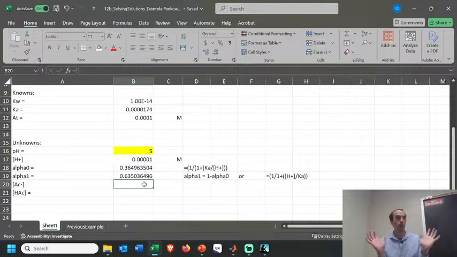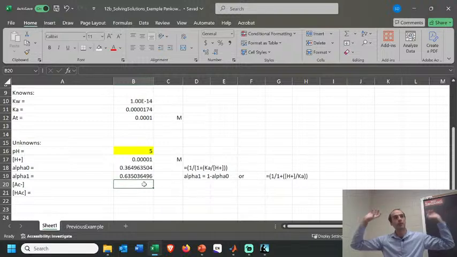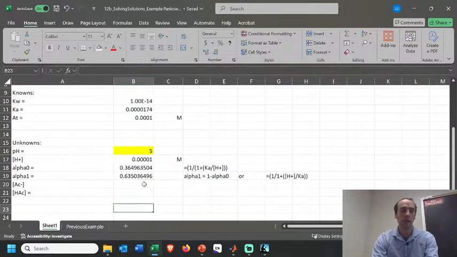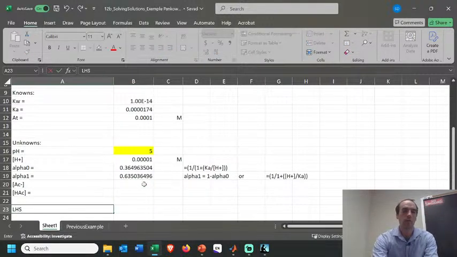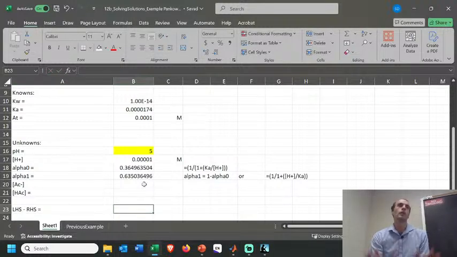And by the way, we still have not put in the big function we derived, right? The left-hand side minus the right-hand side equation. So we need to do that soon. We need to get that equation put in here. And that's what we're trying to find as close to 0 as possible.